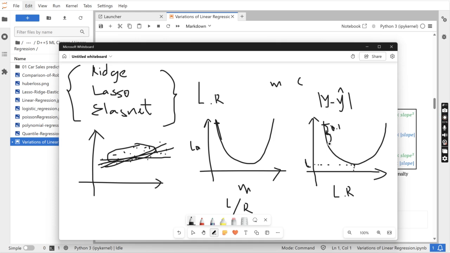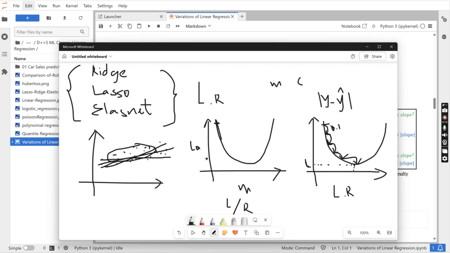Again, you will multiply this 0.1 into whatever the values of m and c are, and recalculate this value. Again, you will go back, and again you will do this until the loss is quite minimum. Okay, that is what happens in linear regression. This we have learnt. No confusions here.